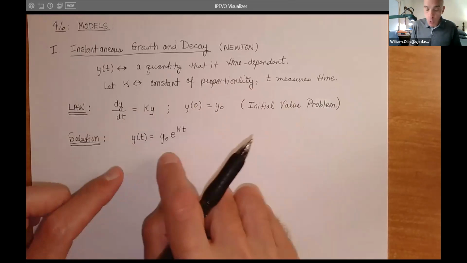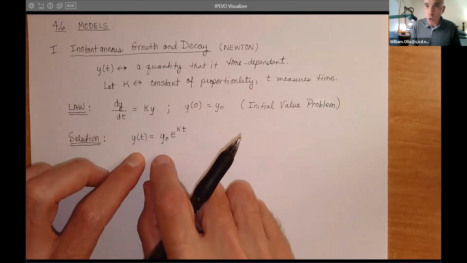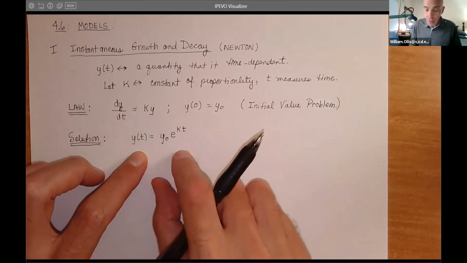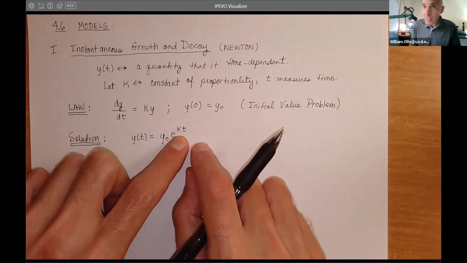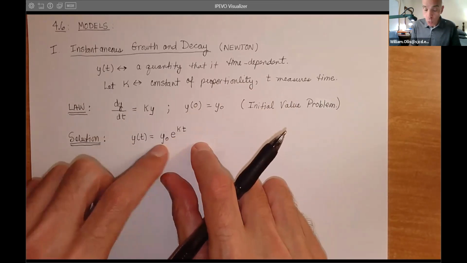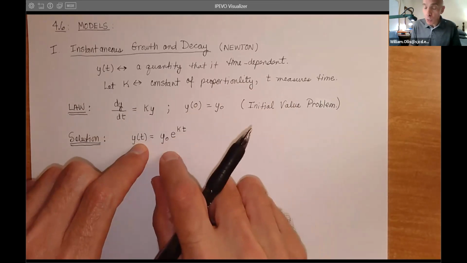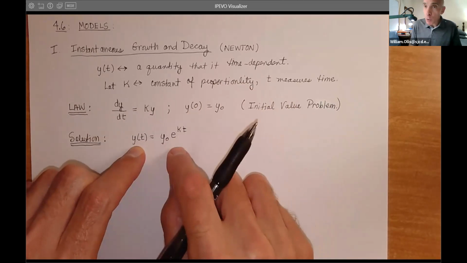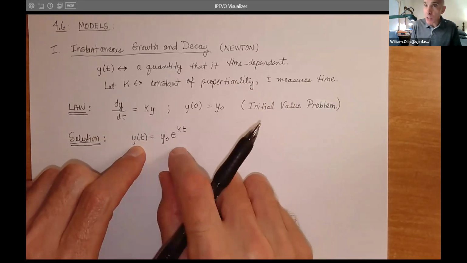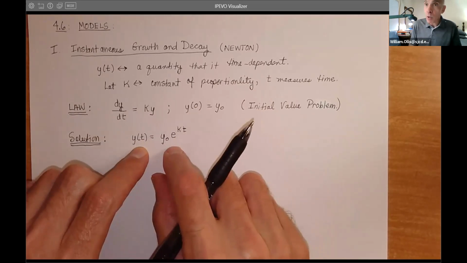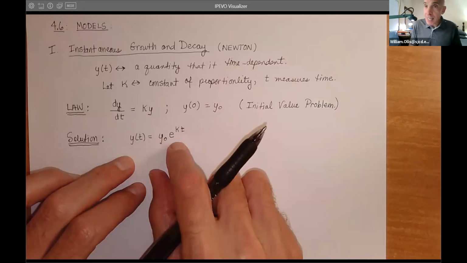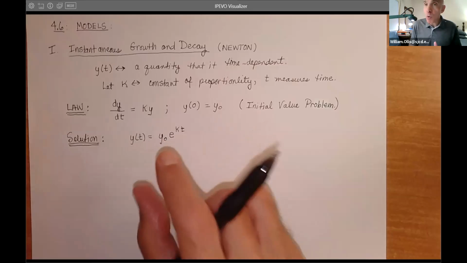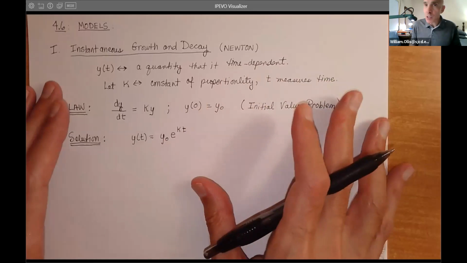And so when we try to work with a solution curve, we would really need to know the initial amount, and we would actually need to know the K in order to have a predictor. This particular function now becomes a predictor that will model, so to speak, this quantity for any given time t. So this is why it's so popular in science and all.